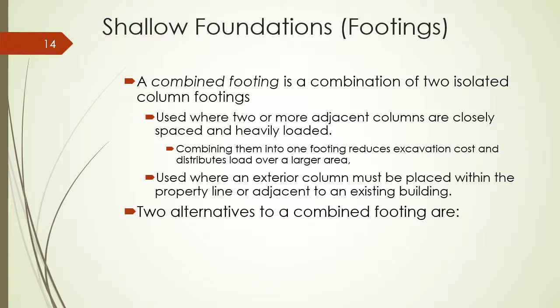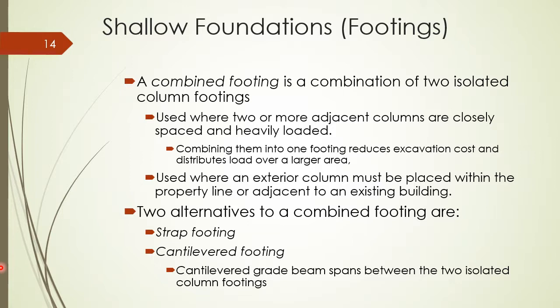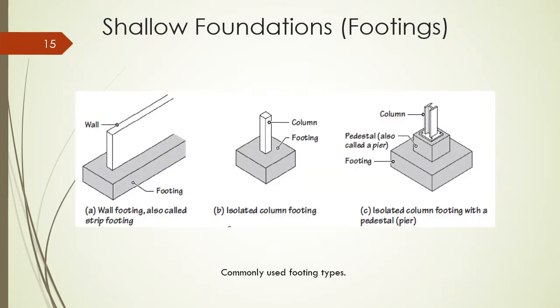Two alternatives to a combined footing are going to be a strap footing or a cantilevered footing, basically using a cantilevered grade beam between the two isolated column footings. So here are the commonly used types: the continuous or strip footing, the isolated column footing.